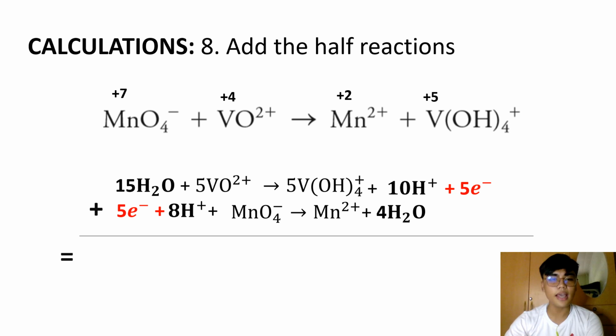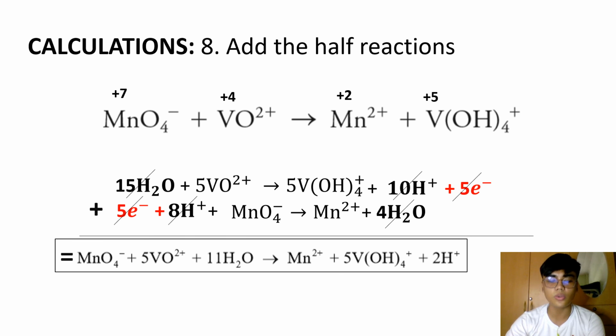So next step would be addition of the half reaction. So we'll be adding the oxidation half reaction and reduction half reaction. So we need to cancel 15 water molecule for water molecule. Also the 5 electrons and the 8 hydrogen ion and the 10 hydrogen ion.